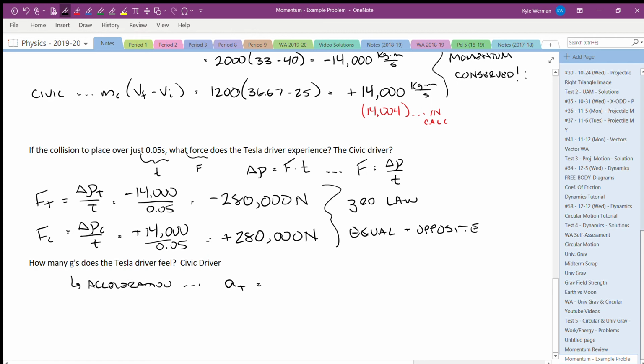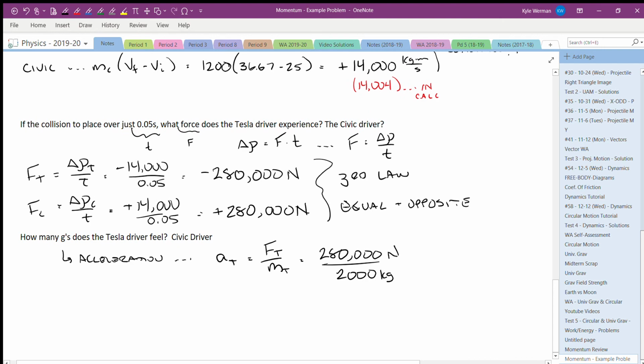So a should be F on the Tesla over the mass of the Tesla. All right, so the acceleration is going to be that 280,000 newtons over the mass, 2,000 kilograms. Newtons per kilogram, remember that unit? That was field strength due to gravity, which is also meters per second squared.